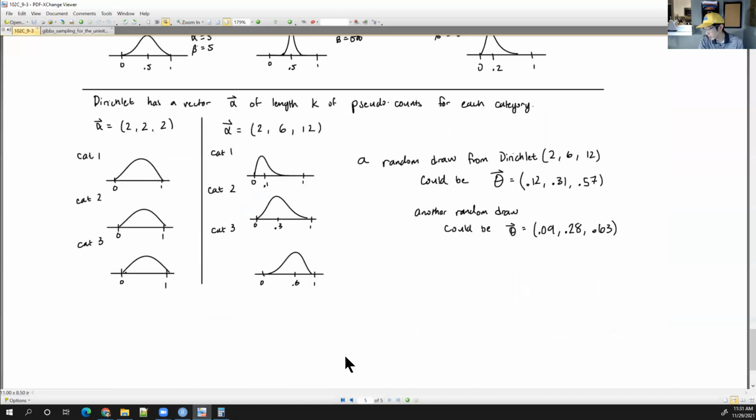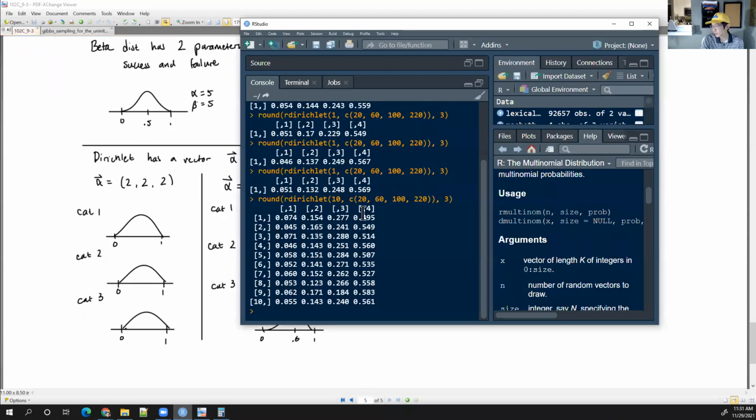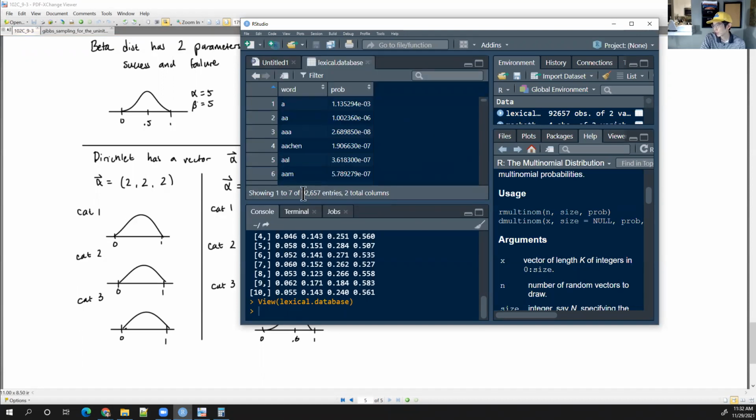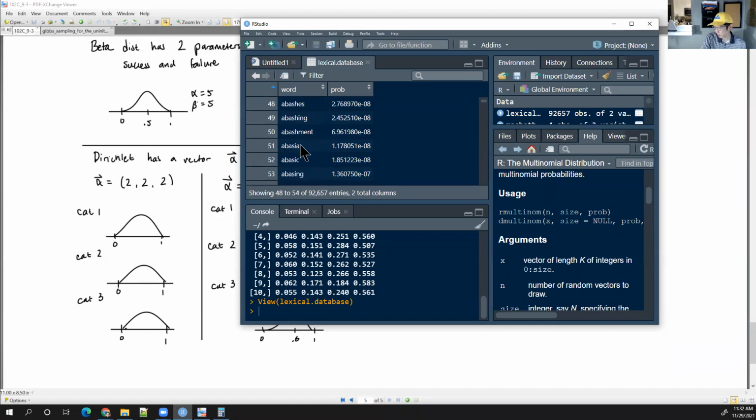Okay, so the idea here is we are going to use a Dirichlet distribution, not with a vector of length 3, but a vector of length, I don't know, 90,000 or something, okay? Of pseudo counts for every single word in, I guess, the English language. All right, so if you think about our lexical database, it has, you know, 92,000 entries.